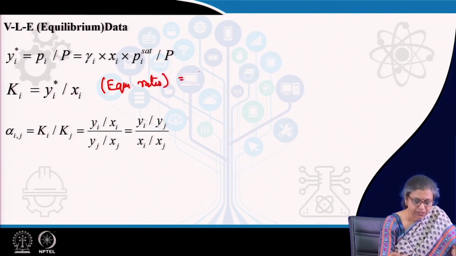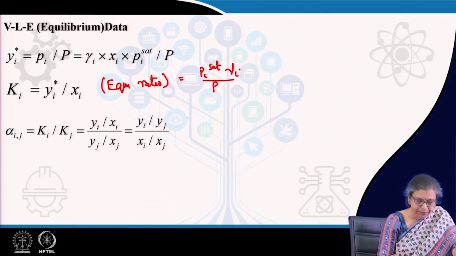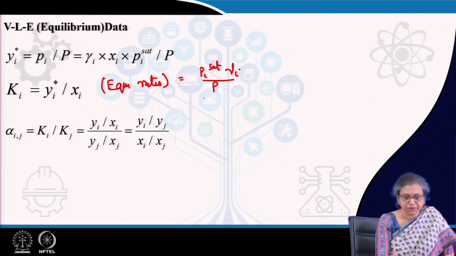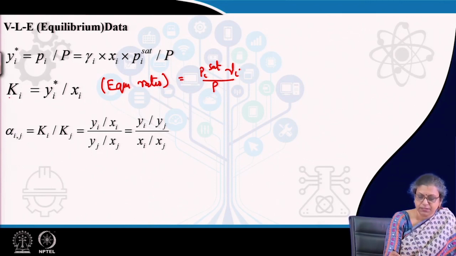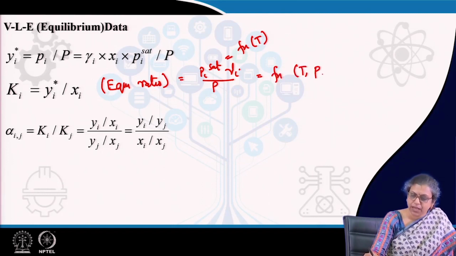For this particular case, this will correspond to pi saturated gamma i divided by P, right. Naturally this Ki is a function of pi saturated, which is a function of temperature. So Ki is a function of temperature, a function of pressure, and of course also a function of composition.